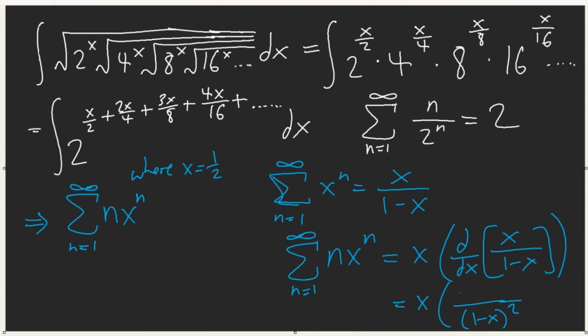We get 1 minus x minus x times negative 1, so that cancels out, and we get 1 over 1 minus x squared. So this sum is equal to x over 1 minus x squared. And of course, in this case, x equals 1/2. 1/2 over 1/4 also equals 2, which is exactly what we have.